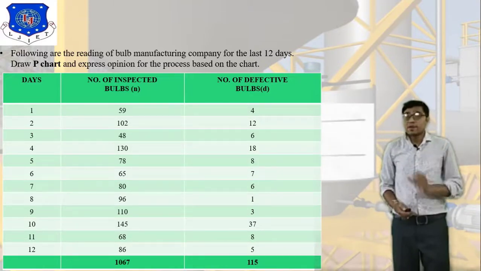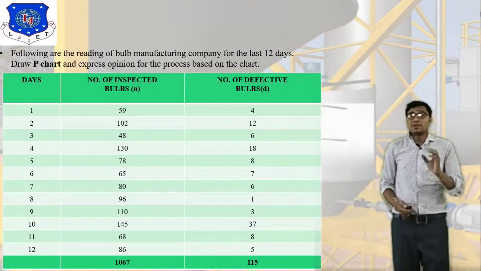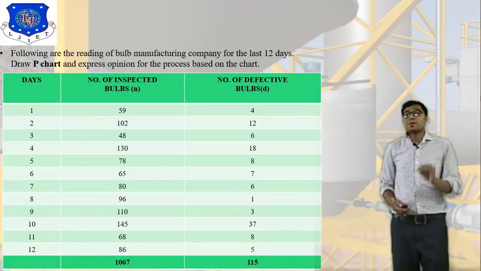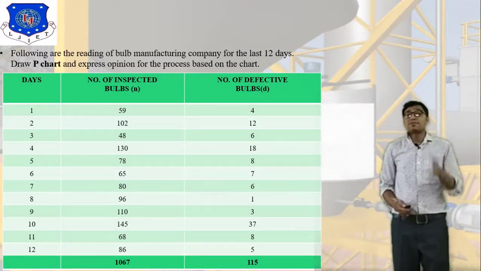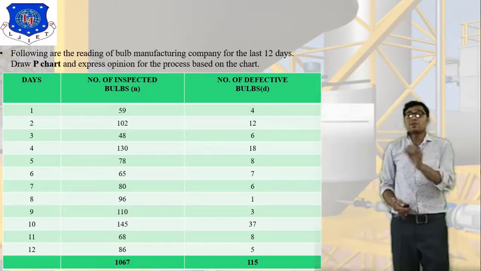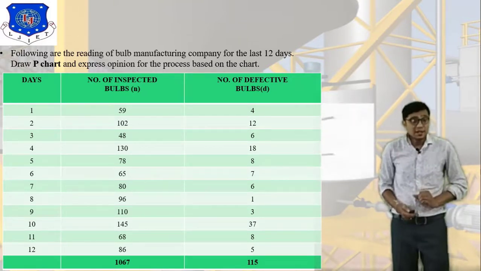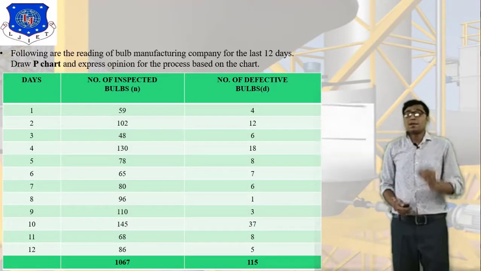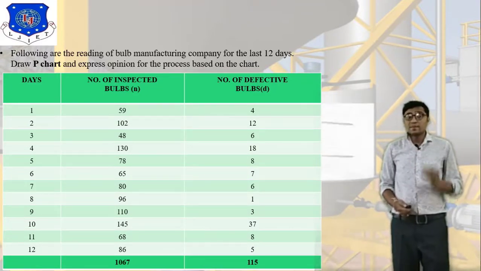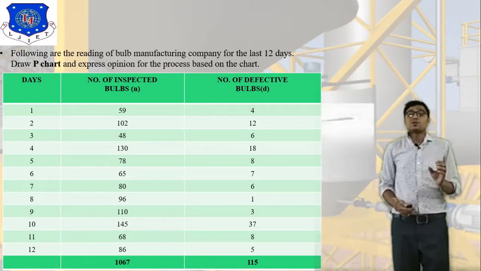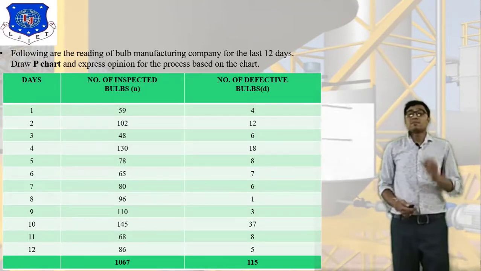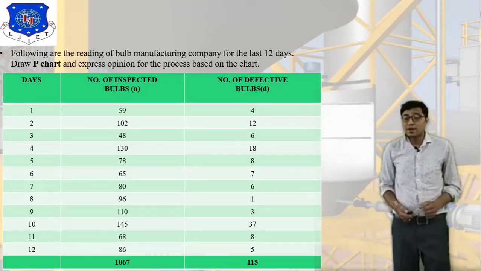On day number 1 there are 59 inspected bulbs, and out of 59 there are 4 defective bulbs. On day number 2 there are 102 inspected bulbs, and out of 102 there are 12 defective bulbs.